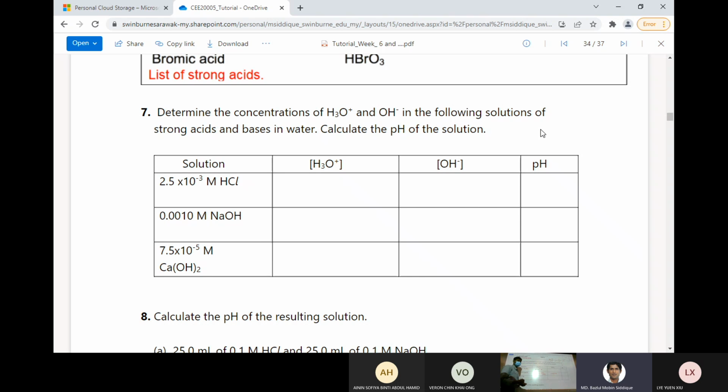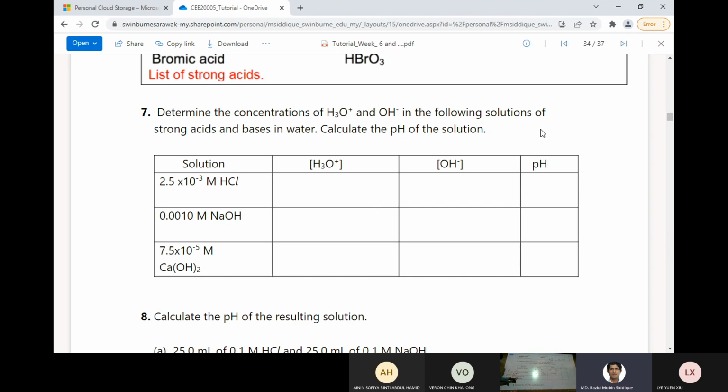So this way we'll find it here. Same goes for here: the hydroxyl ion concentration we'll find is Kw over hydronium ion concentration, right? So this is the way we'll find it.